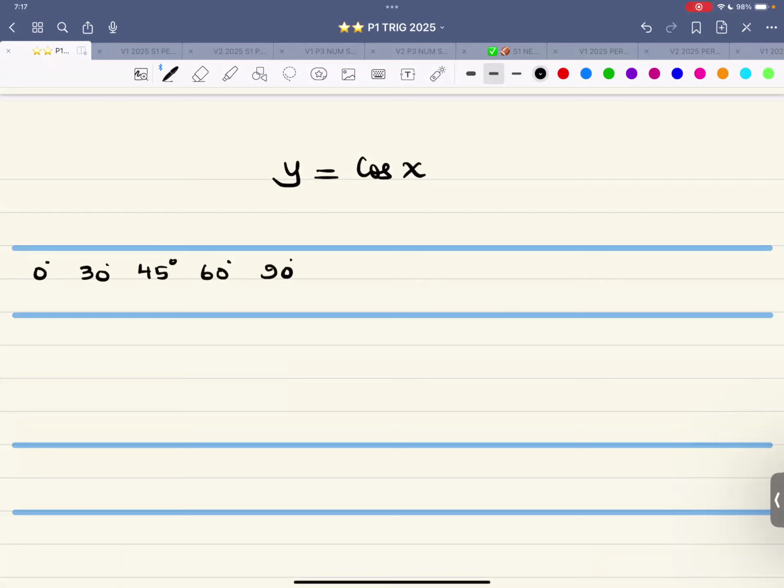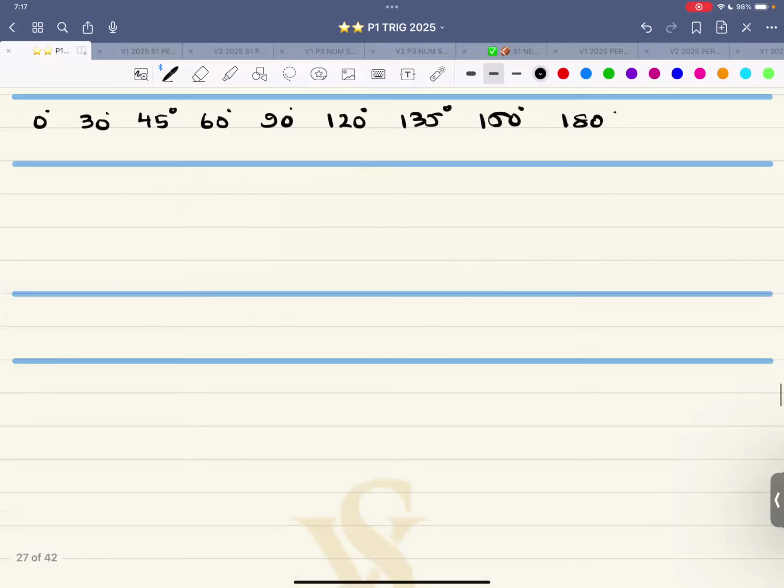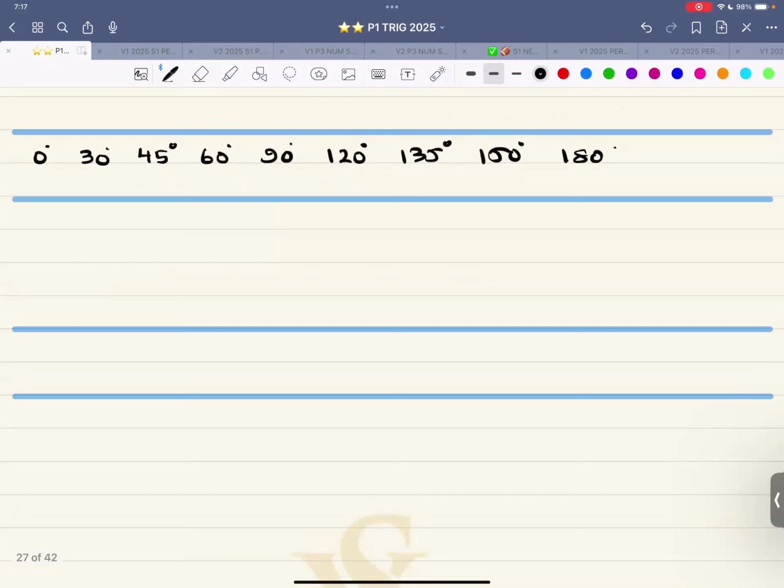Then we have the same series over here: 120, 135, 150, 180, and so on. Then over here we have 210, 225, 240, 270. Then we have 300, 315, 330, and 360.